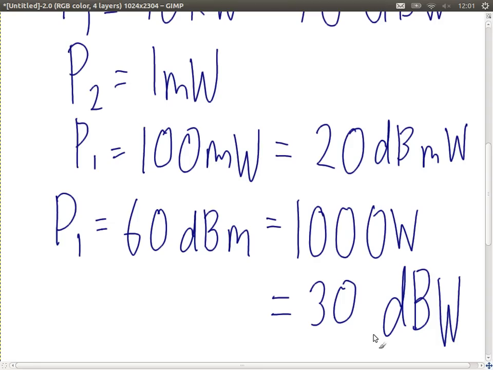Because often in questions and in devices, when you buy a device, it'll be expressed in dBm, not in watts or milliwatts. If you look up the specifications of a wireless LAN access point or your laptop or even your mobile phone, the receive and transmit power will most likely be expressed in dBm.